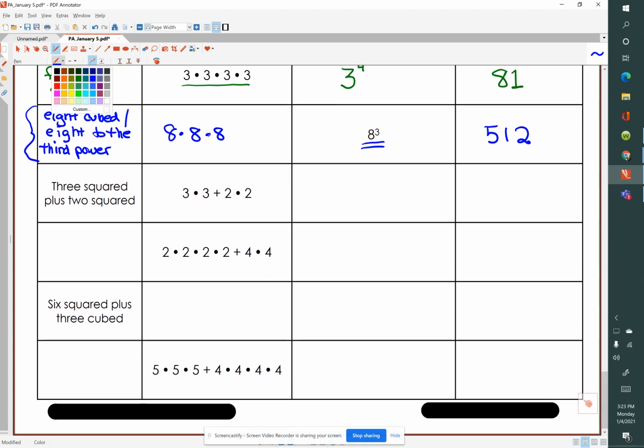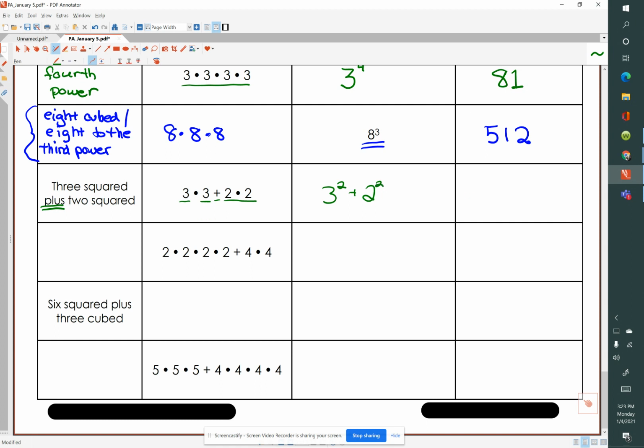Let's move on to the next one. 3 squared plus 2 squared. So now we have an operation in there. So 3 squared is 3 times 3, or we write it like this, 3 squared, plus 2 squared, which is 2 to the 2nd power.